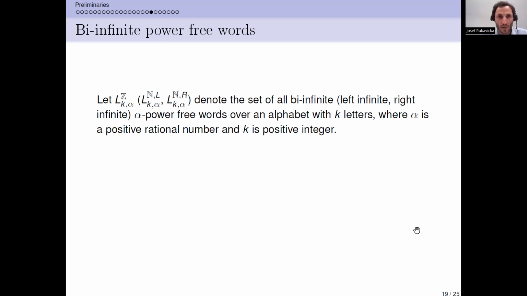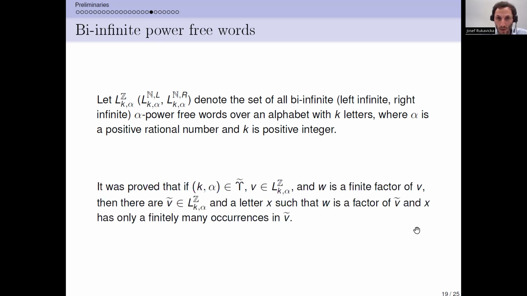So I define these sets of bi-infinite, left infinite, right infinite words. Yeah, and basically in the first paper that was published last year in the DCFS, I generalized the result that I just presented for bi-infinite words.